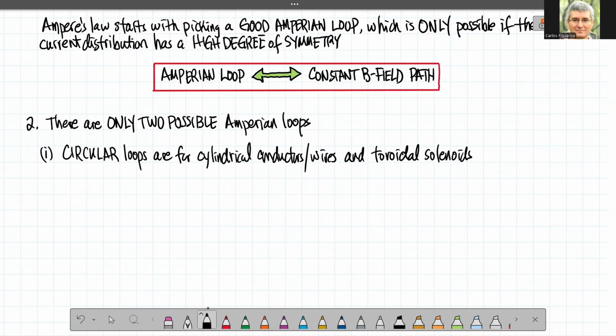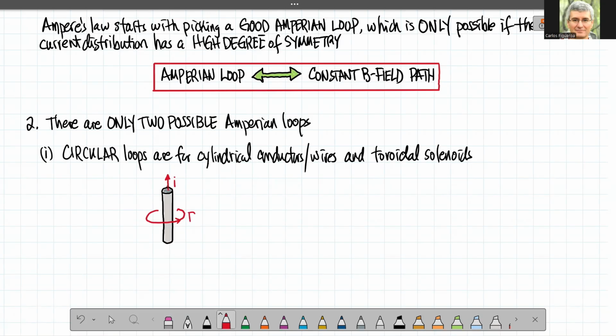So if I think about my conductor here, I could have a wire or my conductor. And what I do know about this is that if it has a current running through it, so in this case, if the current is running in this direction right here, then it's going to produce a magnetic field that encircles.